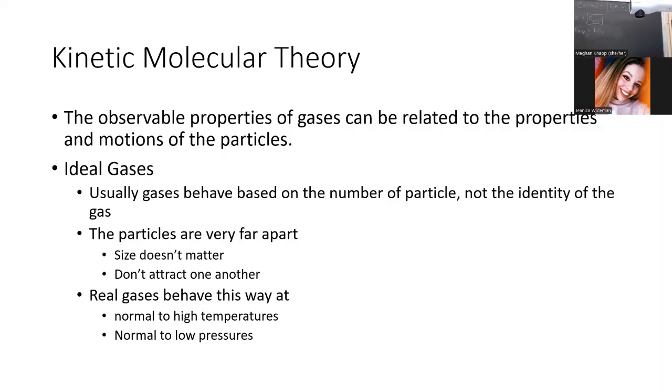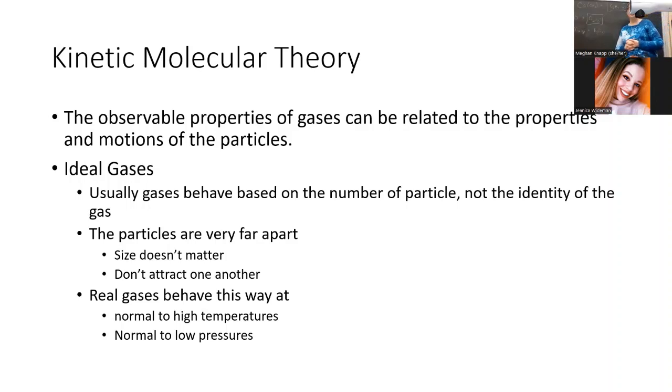So ideal means not necessarily real, but in a perfect situation, this is what it would behave like. And we know nothing is perfect, but most gases behave pretty close to ideally under normal conditions.